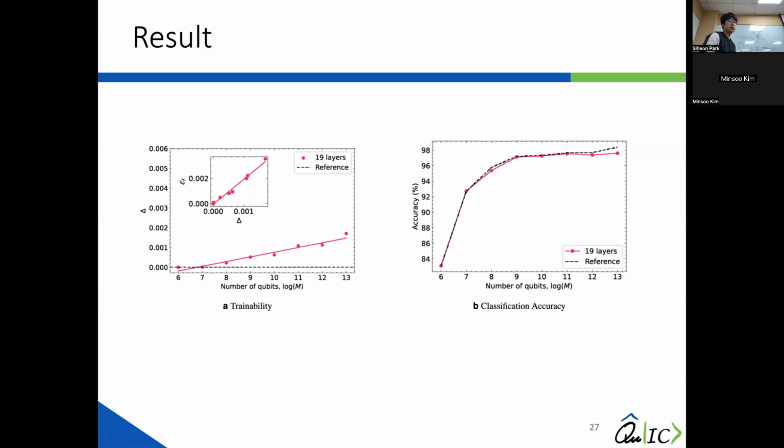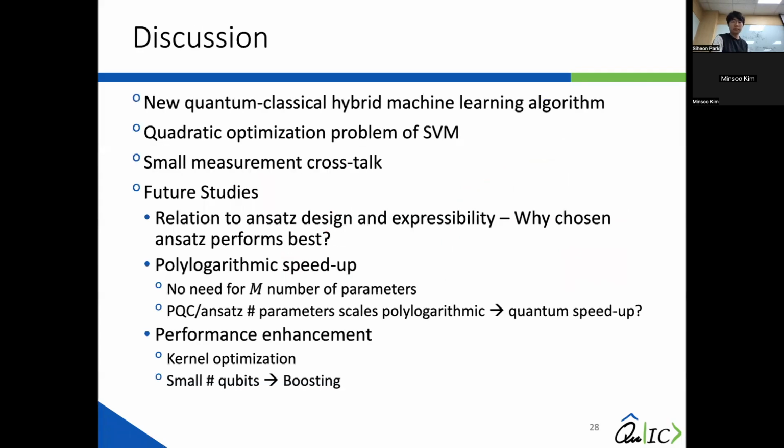Only the sign matters. So if you compare on accuracy, we still have barren plateaus, but in terms of accuracy, it's okay. So that's kind of the main result of this numerical demonstration.